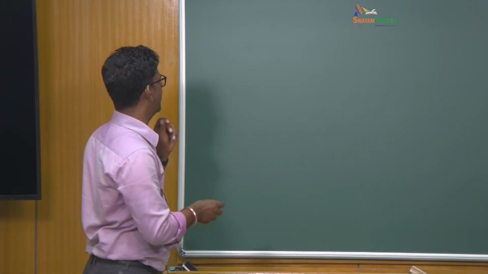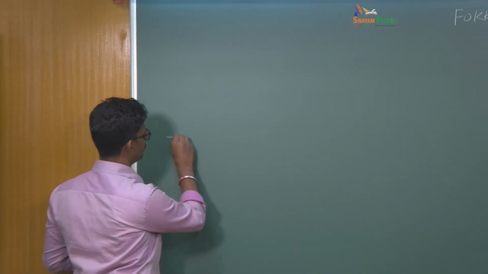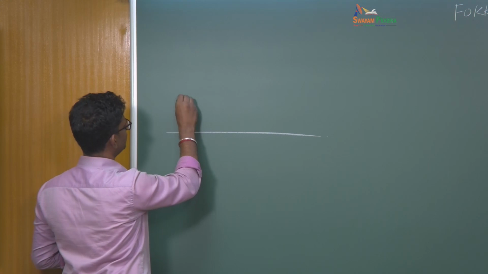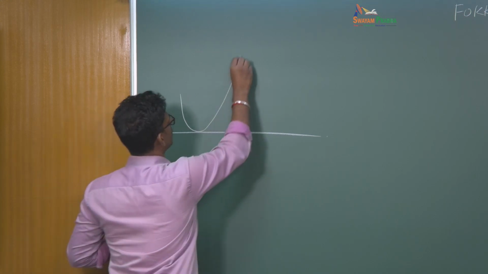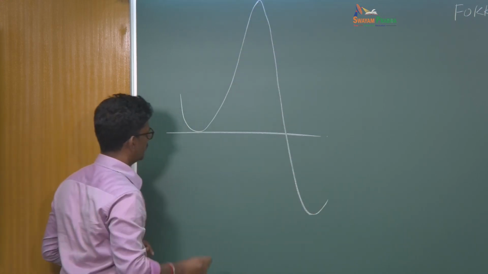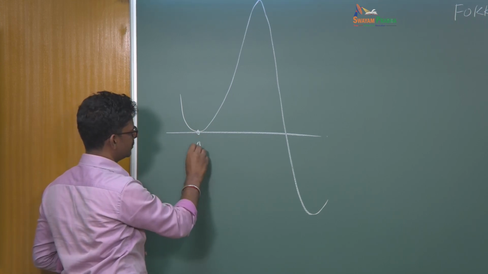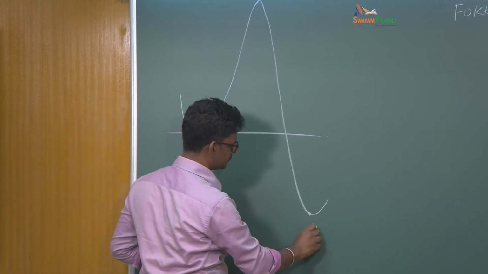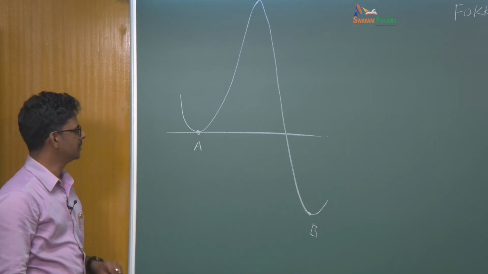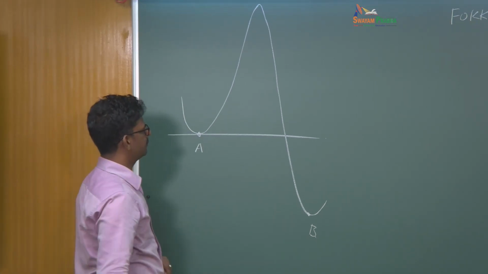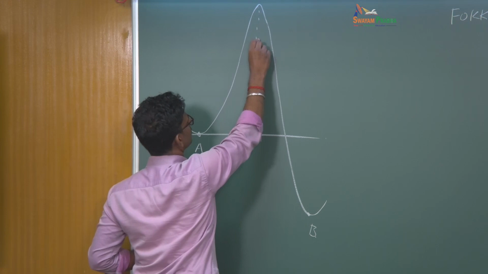Okay, so the problem in hand is you have a potential. Let's say there is some state A and there is some state B. Okay, and then there is this energy barrier here.